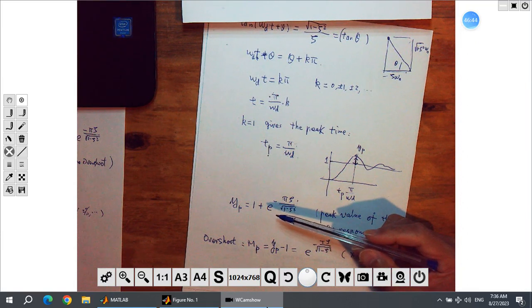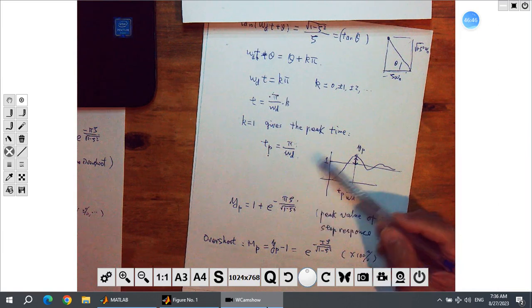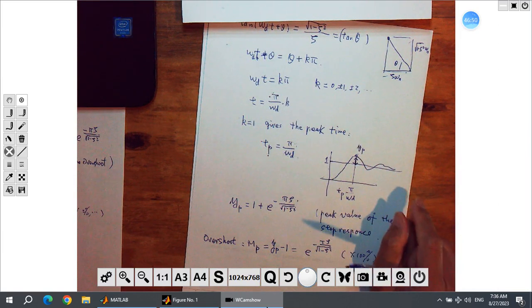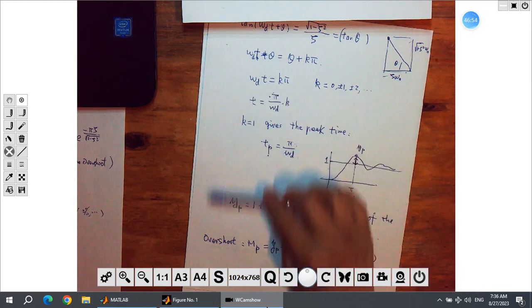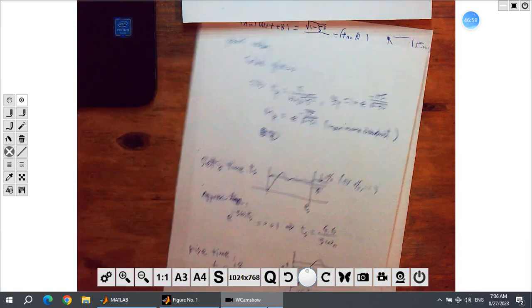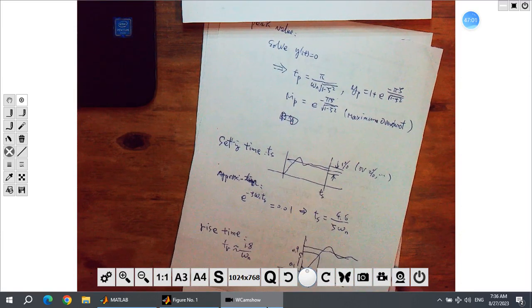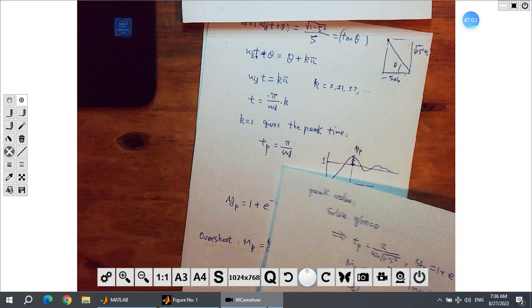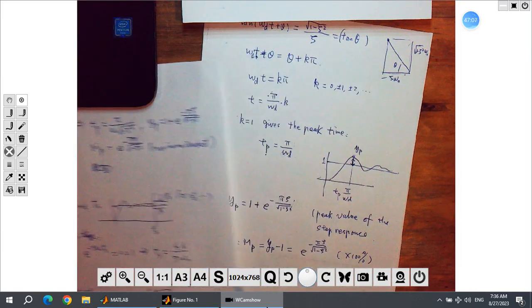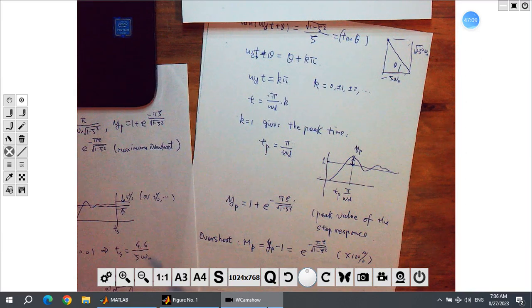Then you have some parameter in the system that you can change, and you calculate following these formulas to find the settling time, the rising time, the peak value, all in terms of that parameter.